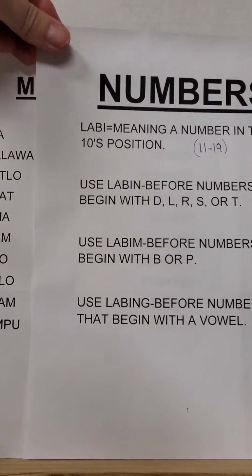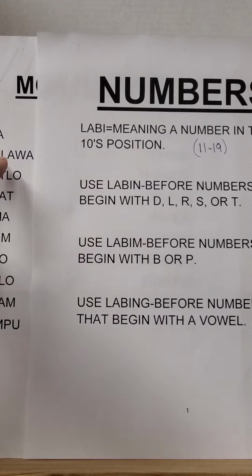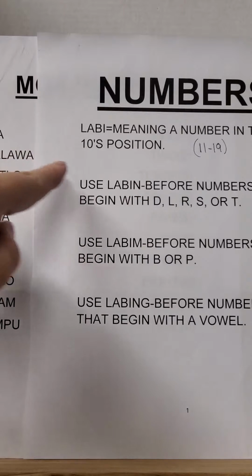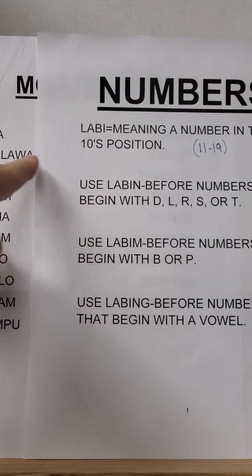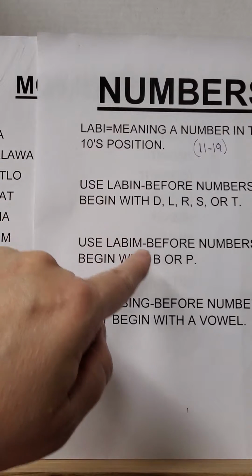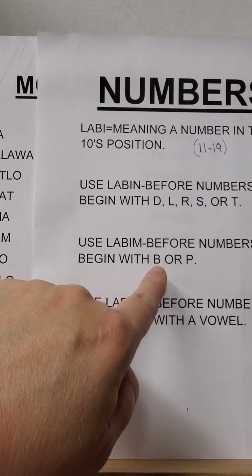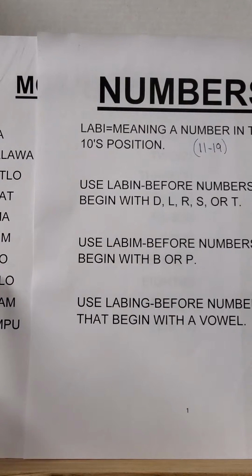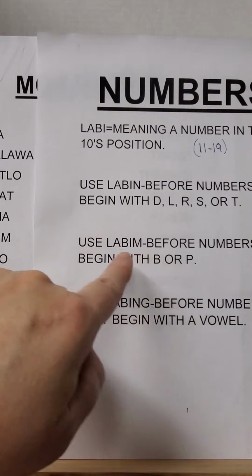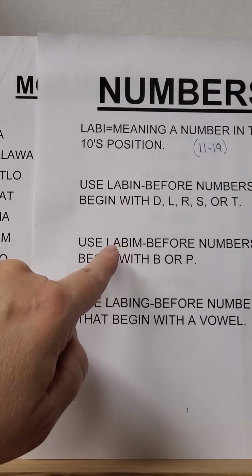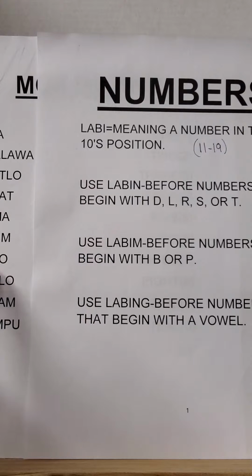In other words, if we use dalawa as 2, since it starts with a D, we'd have to say labin dalawa for 12. Now, for the words for the numbers that start with a B or a P, like pito, we'd have to use labim instead. So it'd be labim pito for 17.